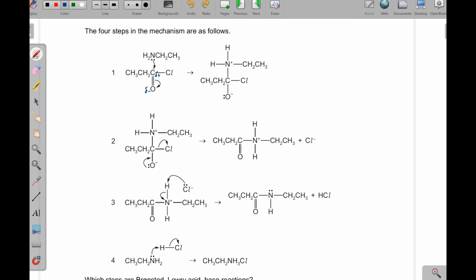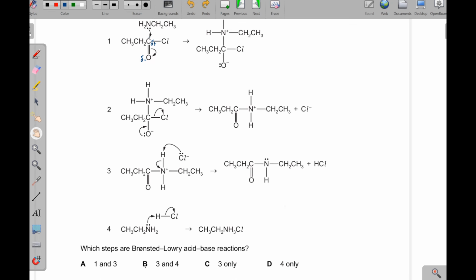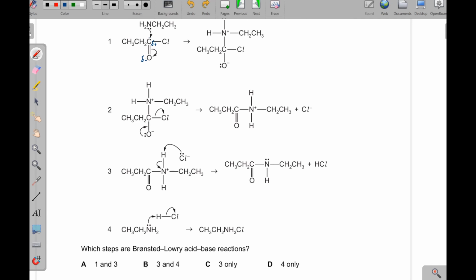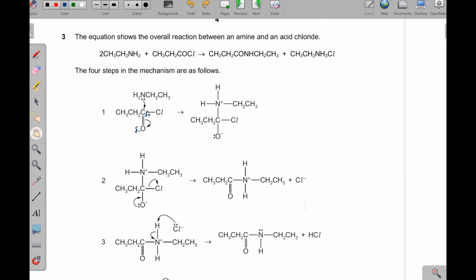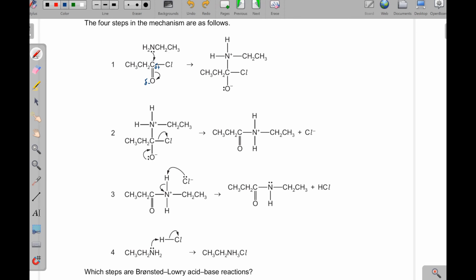Okay, now let's look at what they're saying here. Which steps are Bronsted-Lowry acid-base reactions? So for Bronsted-Lowry acid-base reactions, we have to see one donating a proton. Okay, when you look at step 1 here, they are donating what? Electrons. You see that?